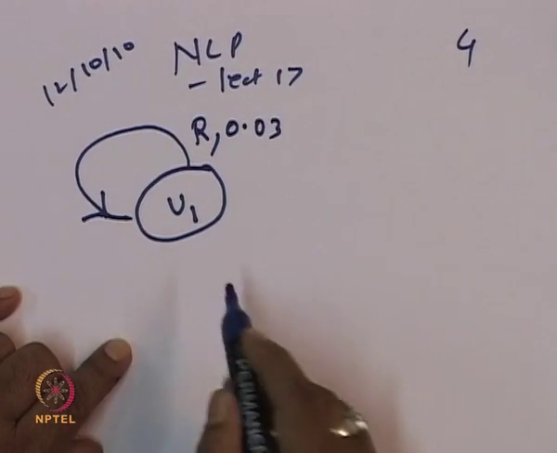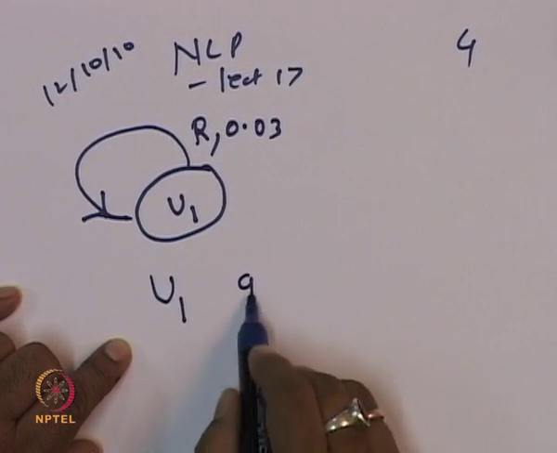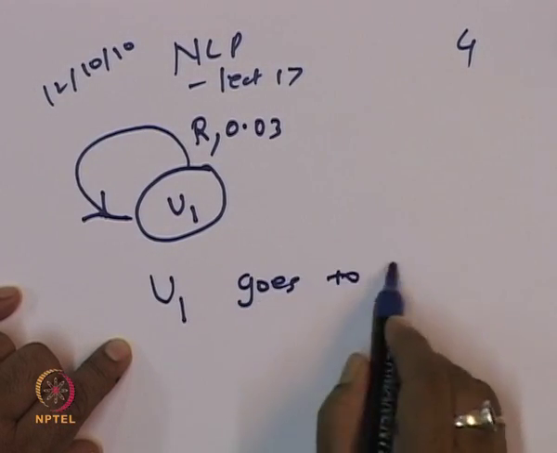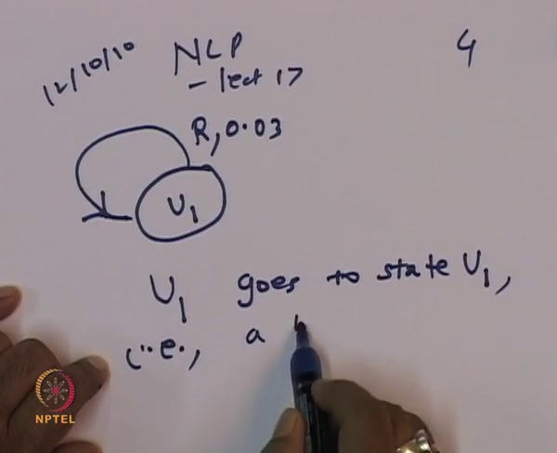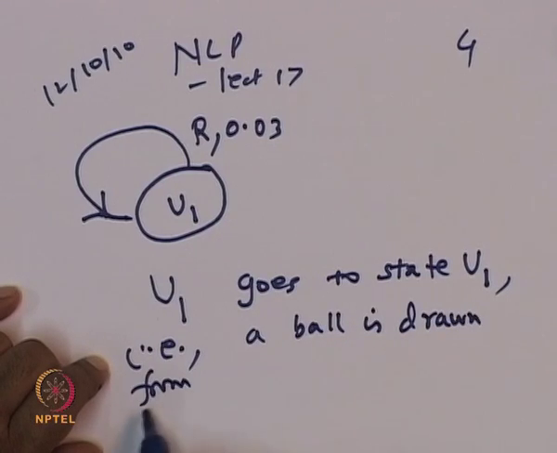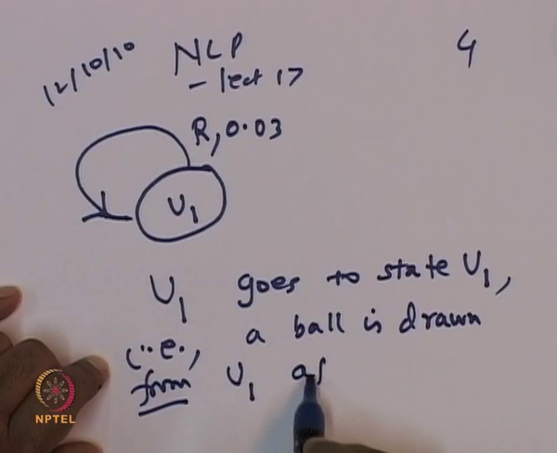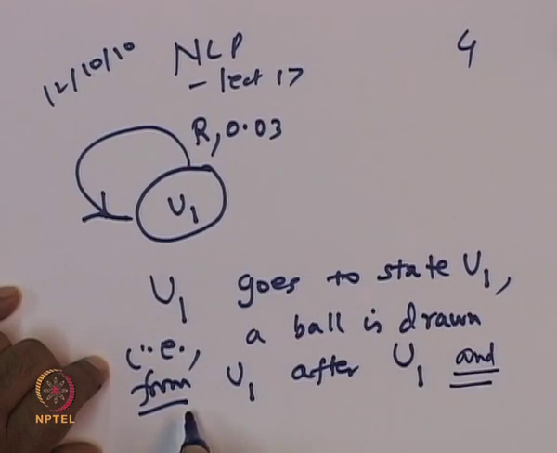The meaning of this diagram is that U1 goes to state U1, that is, a ball is drawn from U1 after U1, and this is a joint probability, and the ball is red.